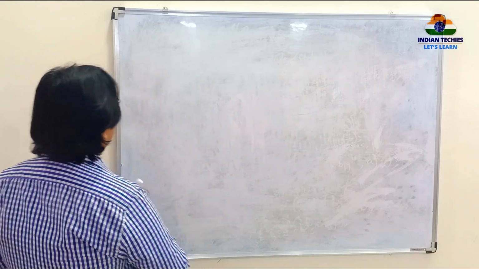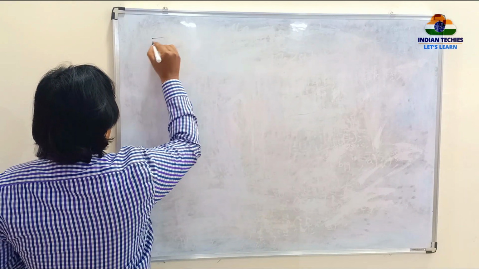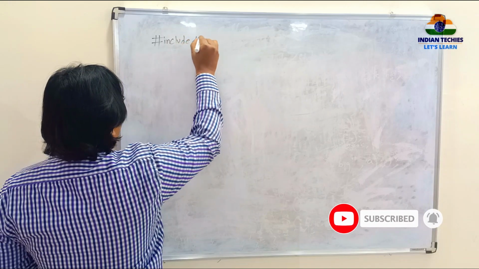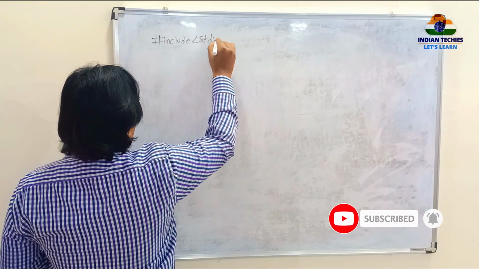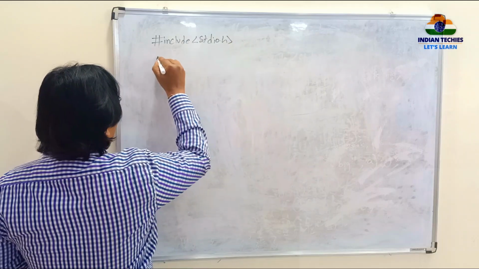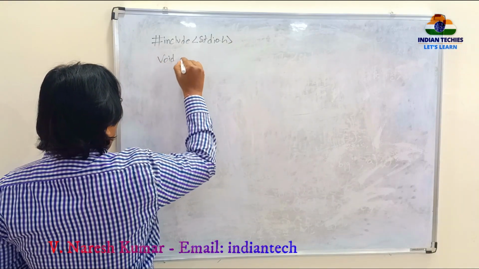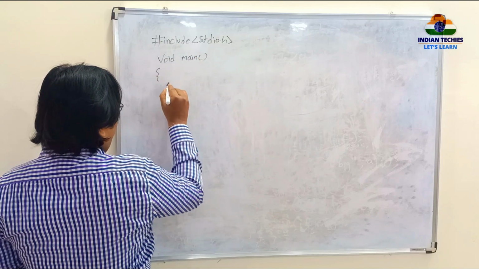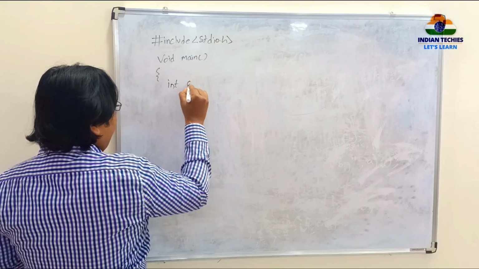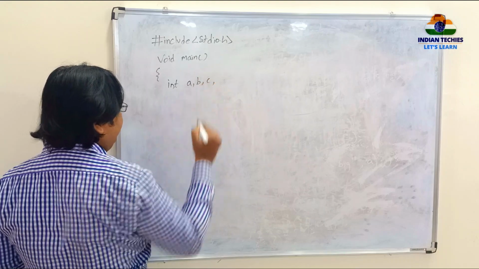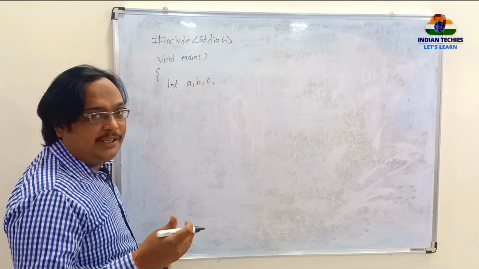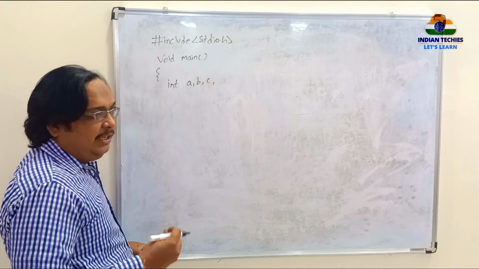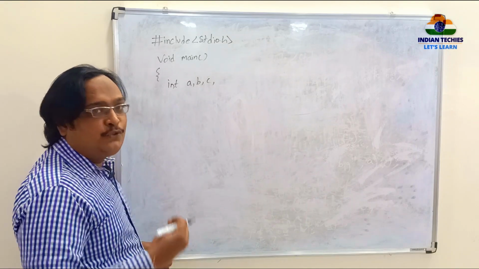Now let us see. Hash include stdio.h as usual. Next, void main. Since I have to perform operations between values, I have declared a, b, c, that is c equal to a plus b or c equal to a minus b. Next, the user also has to give an input choice.